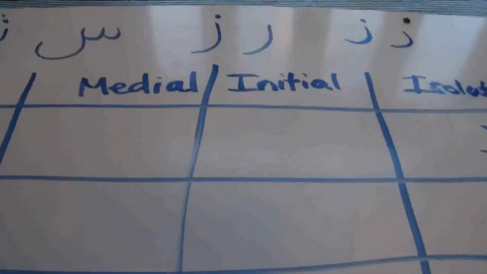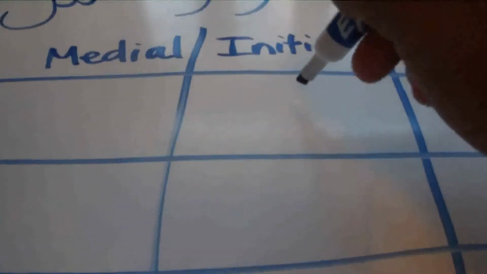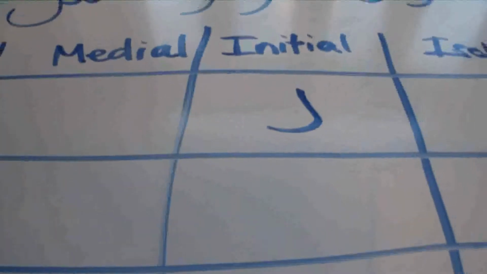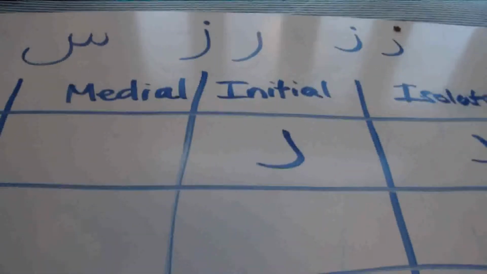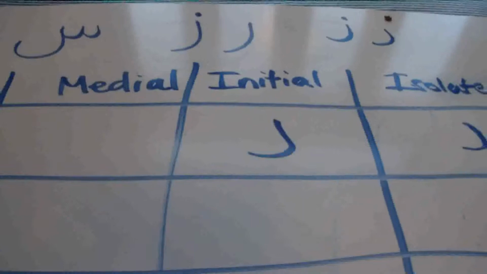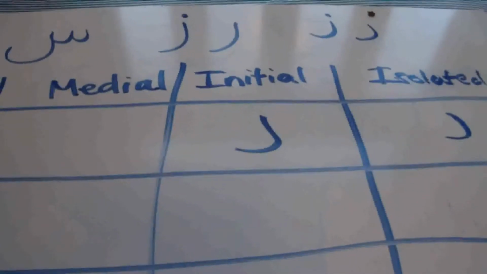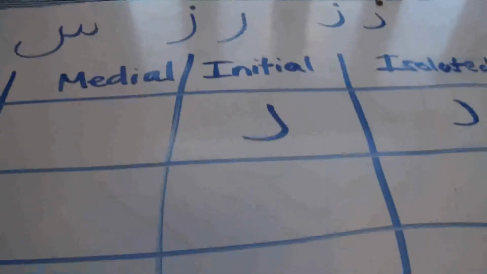And in its initial form, it looks exactly the same. So this letter is actually very alike to Alif, the first letter, in many ways, because it's one of the couple of letters in the Arabic alphabet which doesn't connect to letters that follow it.